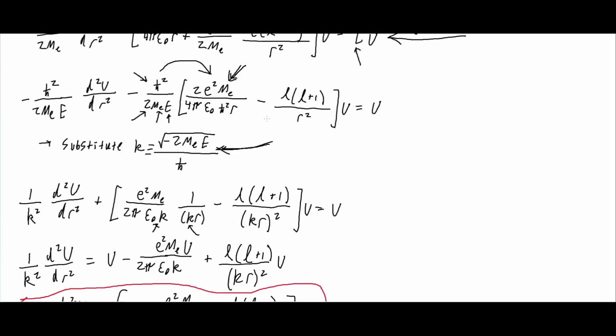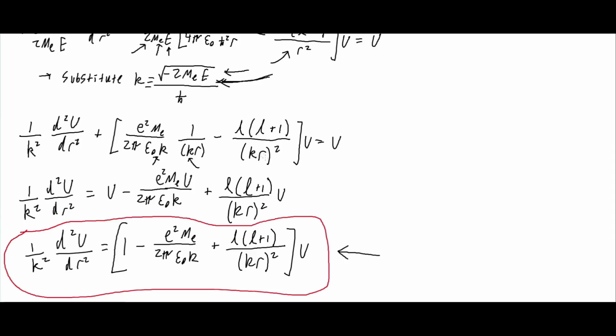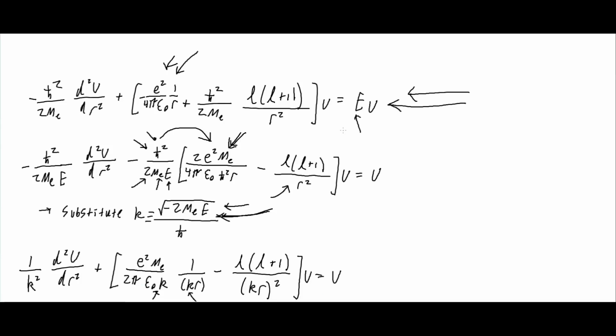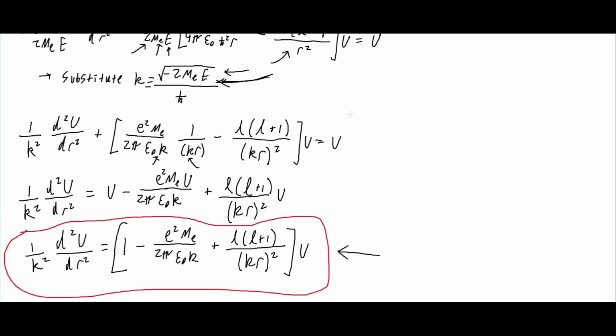We will end up putting that k right here, and it's squared because what we have here is not the radical version that we are using right here. And so we end up with the kr, all of that squared here, still times this u, and equal to this u here, which we got rid of the E from right here by dividing the whole thing by E, if you remember.